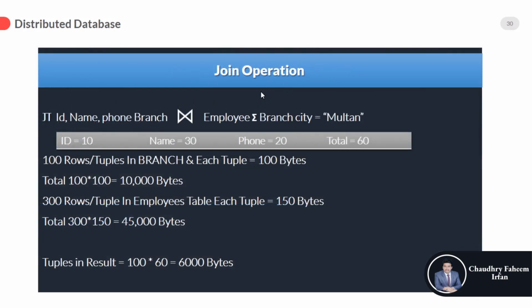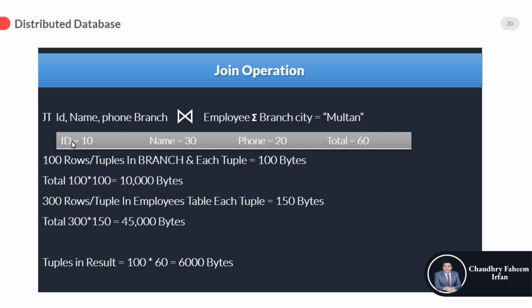The join operation is, unfortunately, very costly. Here is the projection operation. We are going to select only ID, name, and phone from the branch and employees tables, and here is the sigma that indicates the selection operation: branch city is equal to Multan.